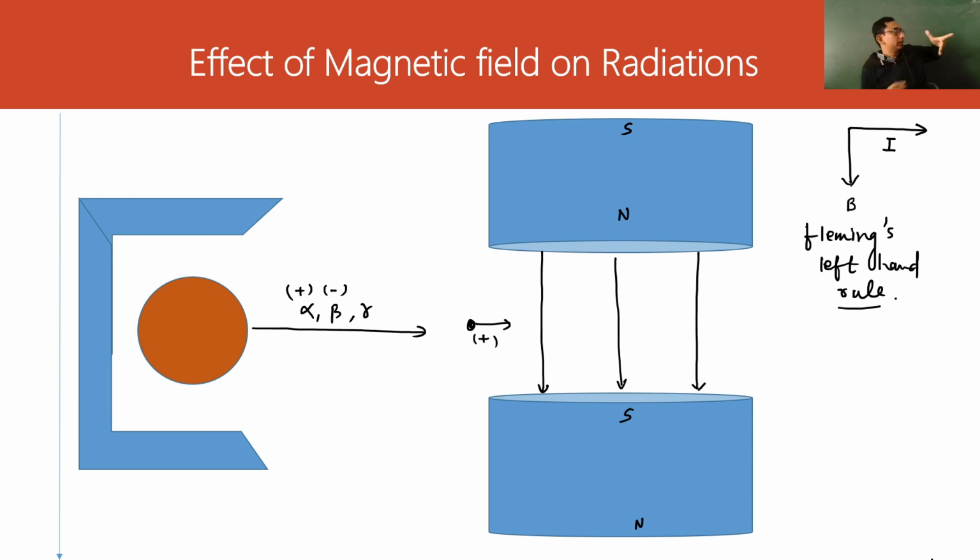So again, FBI: B is downwards, then I is like this on the alpha particle, then the force is inside the laptop. So this alpha particle would be going inside the plane, like I can't draw this, but it would go inside the plane. So basically it would go away from you, correct? And then the beta particles would be coming towards me, out of the plane of the laptop. That is what I had explained to you, correct?